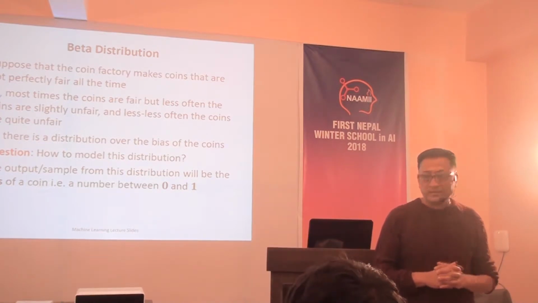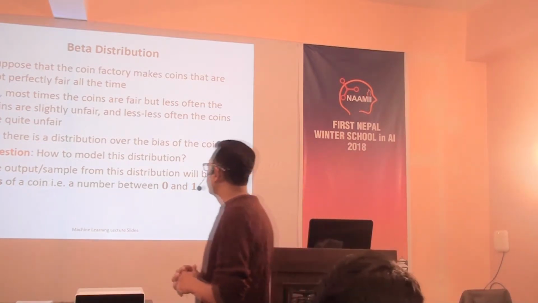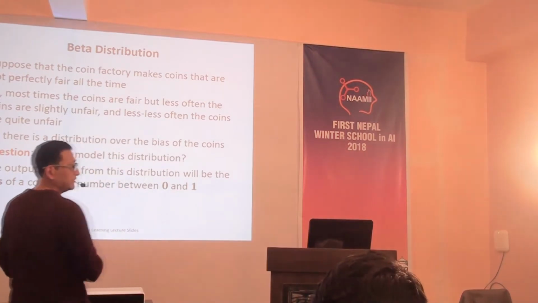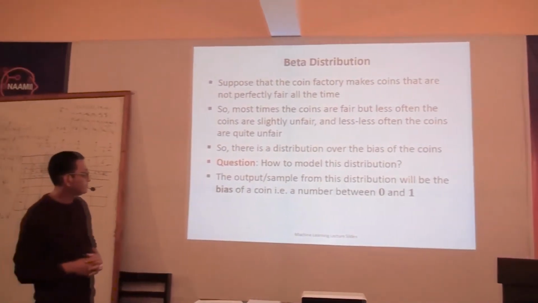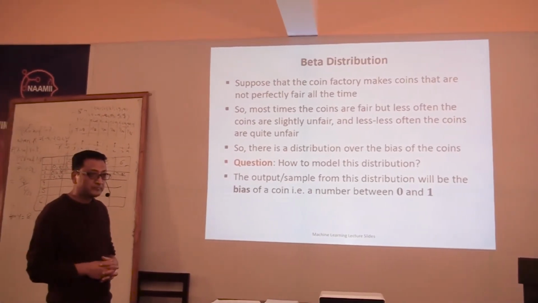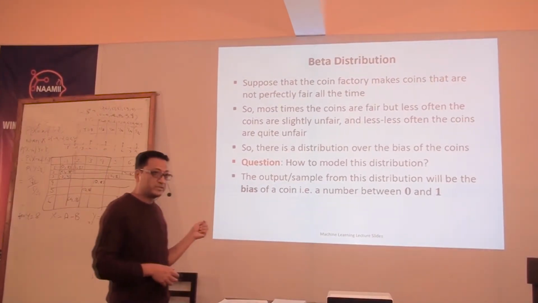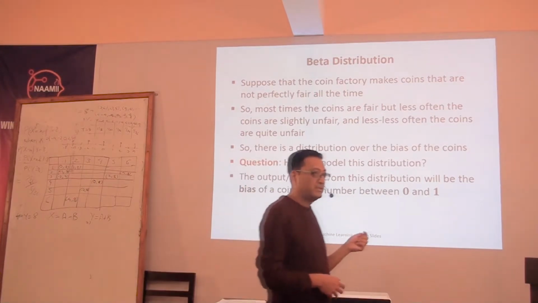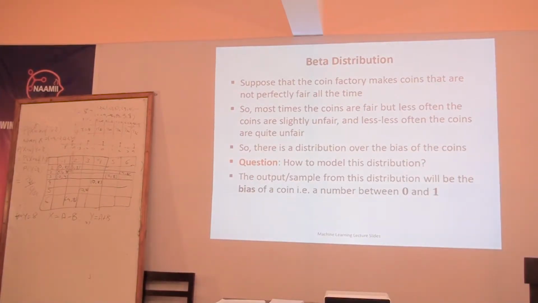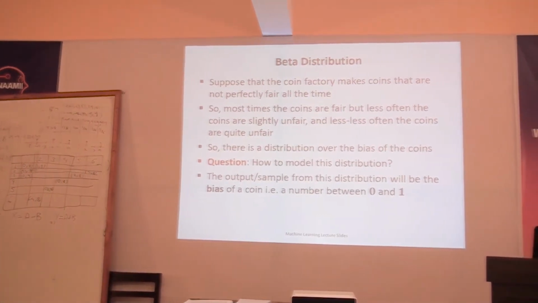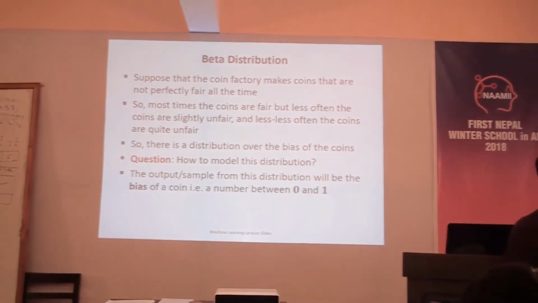So there is a distribution over the bias of these coins. Now the question is how to model this distribution. Remember that the output from this distribution is a number between 0 and 1, which is the bias of the coin. Every time I sample a coin, I get a number. That number is between 0 and 1.